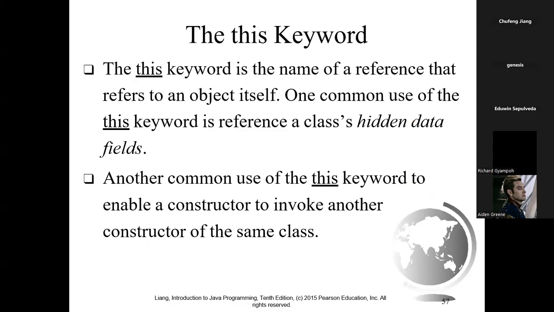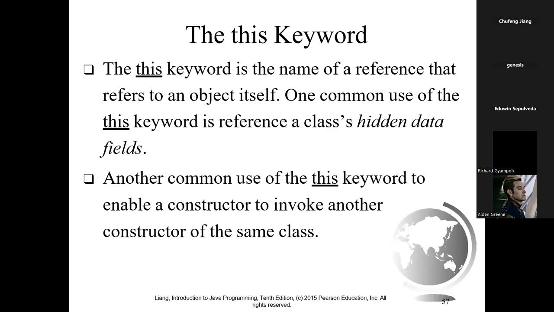And we also talked about the this keyword previously, and examined it in our exam too. What is this referring to? I used to say that the this keyword refers to the object itself. One common use of the this keyword is to reference a class's hidden data fields.